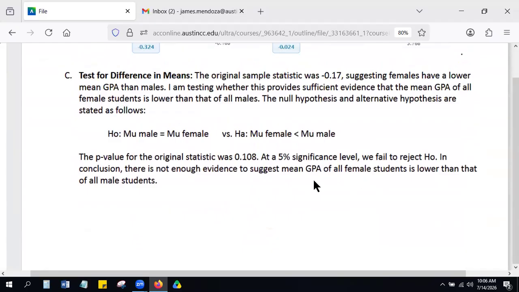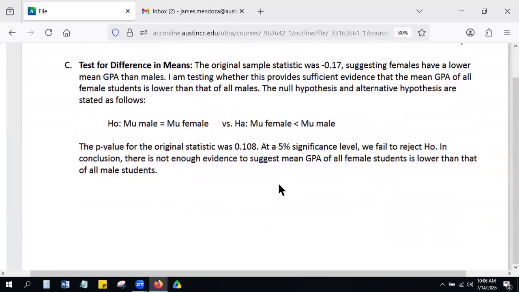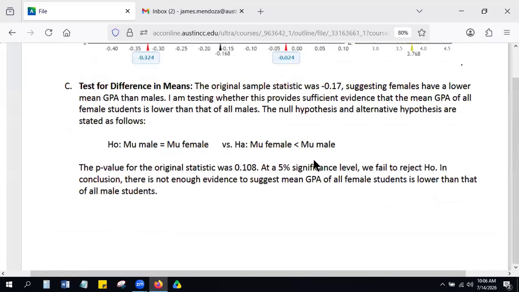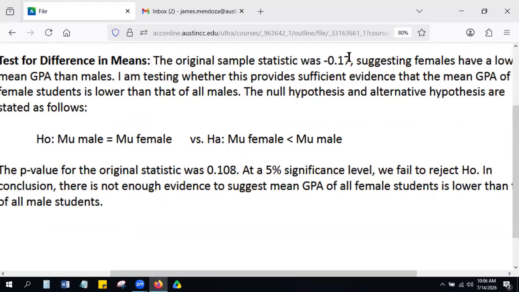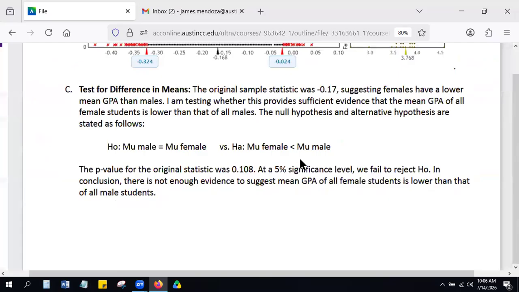There's not enough evidence that the first group has a lower average than the second group. And again, whenever you do your data, if yours comes out to be positive here, mine, this one under the example, is negative. If yours comes out to be positive, then you would do a right tail test.